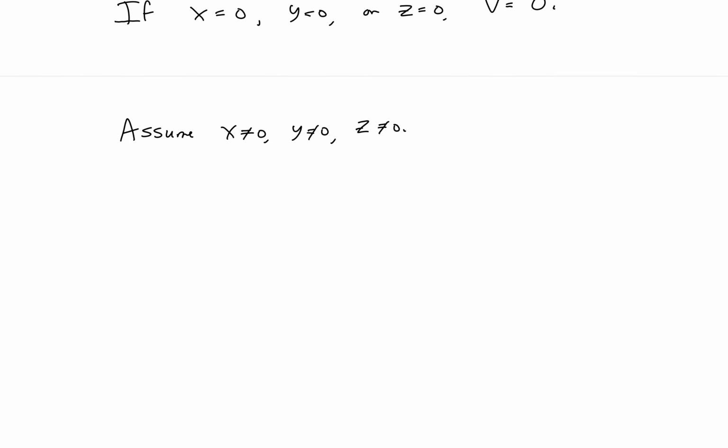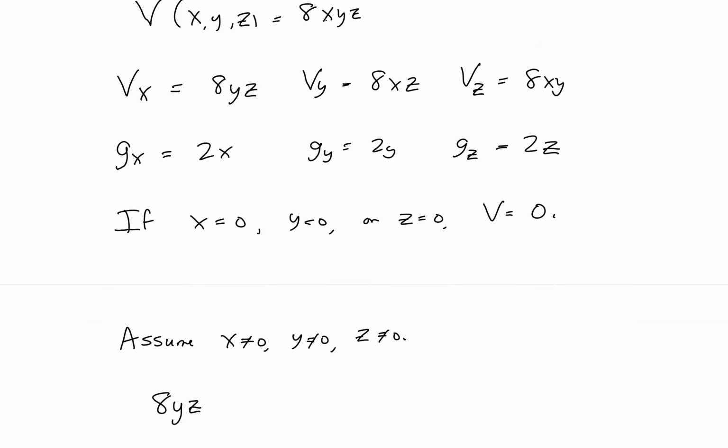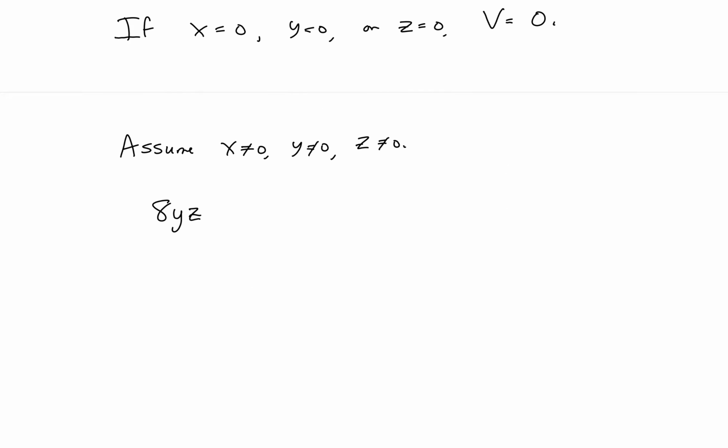So now when we set up our equations, I'm going to have 8yz, this is the V of x, this should be equal to lambda x, sorry. 8xz should be equal to 2 lambda y, and 8xy should be 2 lambda z.